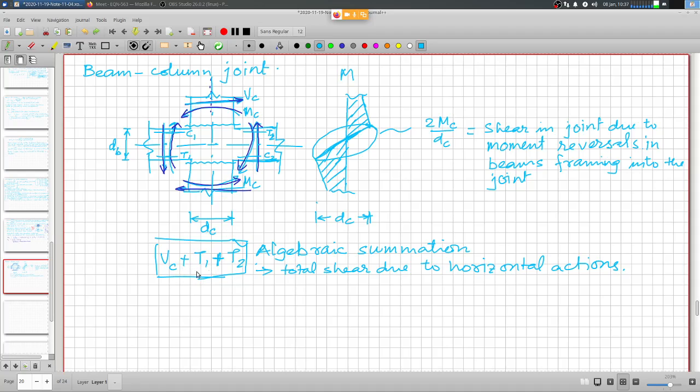Now typically we only consider this kind of shear force for design calculation, but the shear force that you have here, if you draw the shear force diagram, might look something like this.